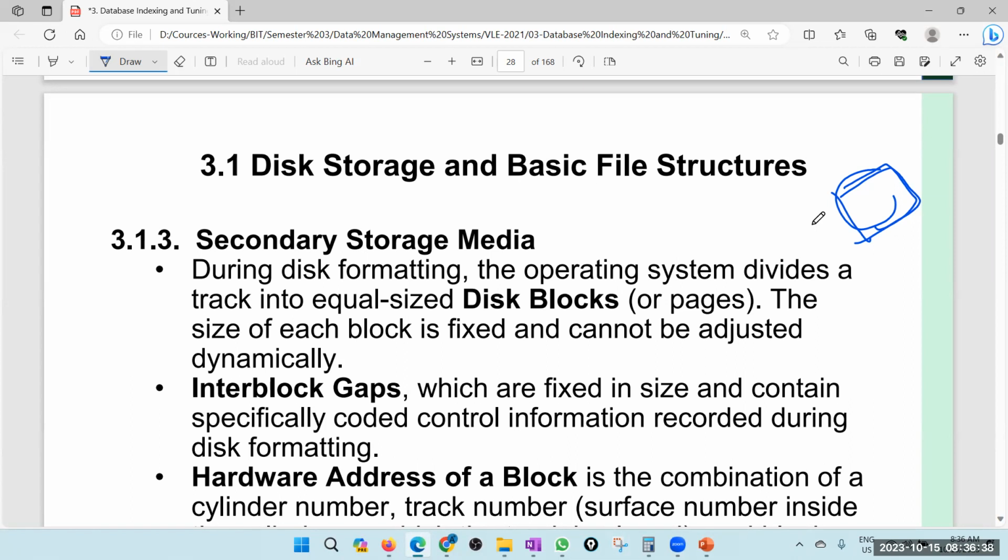Definitely your operating system can't go and directly get a record. It doesn't have that kind of idea. But it can access a particular block of your storage and copy it to the memory. Then in the memory, it looks for that particular record. Maybe it has loaded 1,000 records or 300 records.